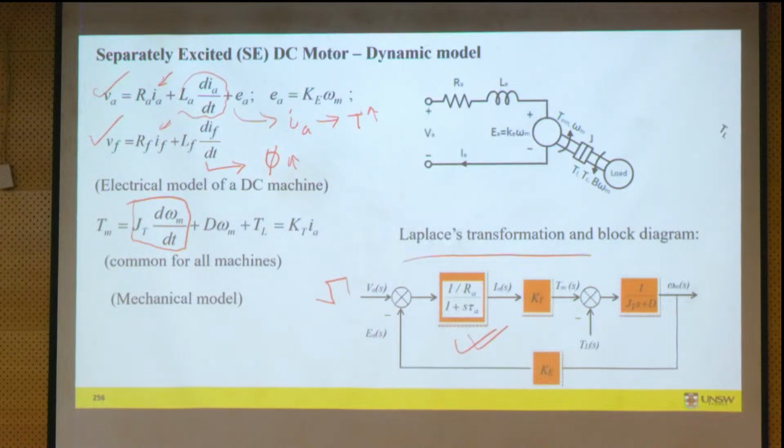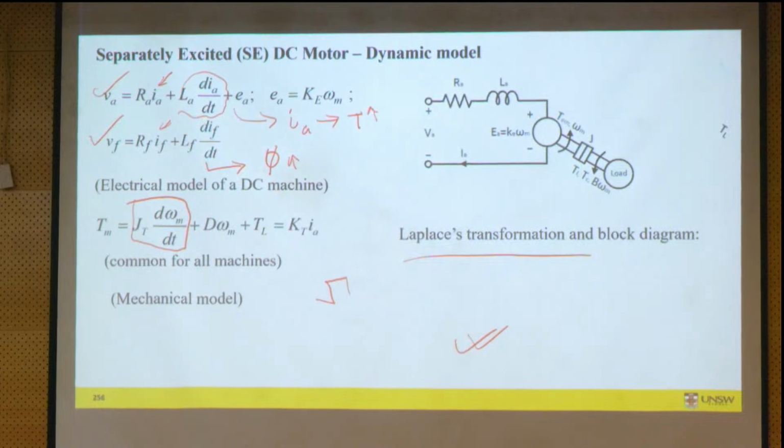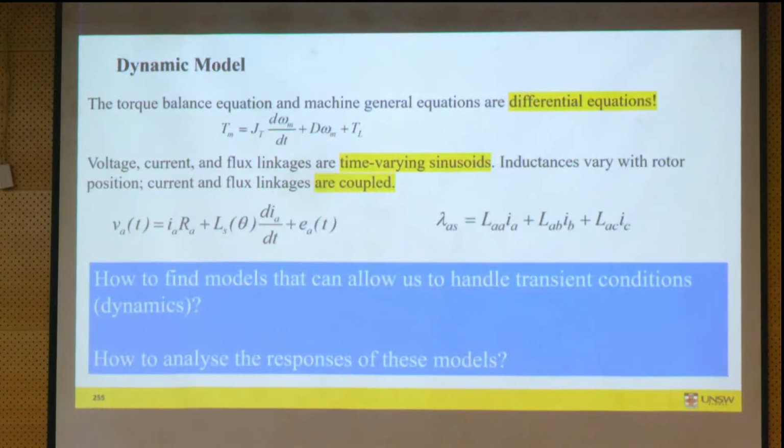But we can't do this with the phase voltage equation of the AC machine. If we apply Laplace here, we have trouble with inductance, because the inductance is going to change with position. So direct use of this equation is not easy. On top of that, our flux and torque are coupled to each other.